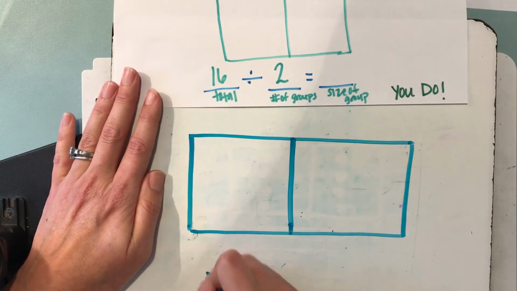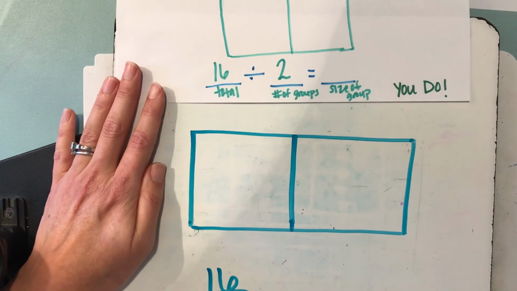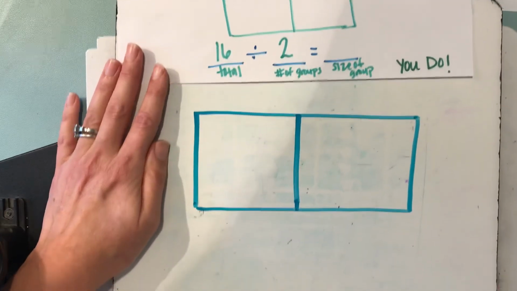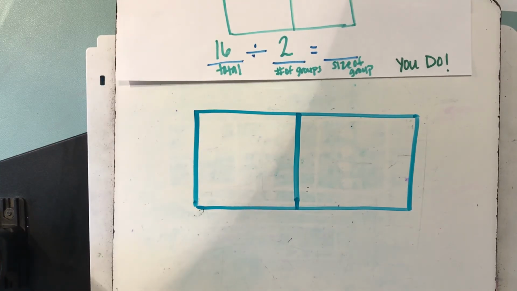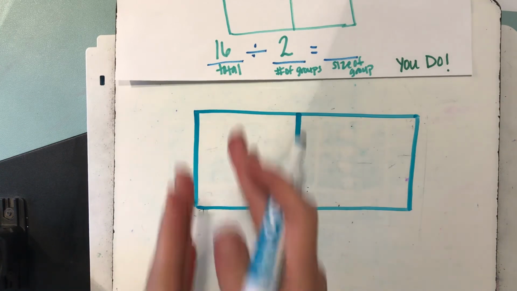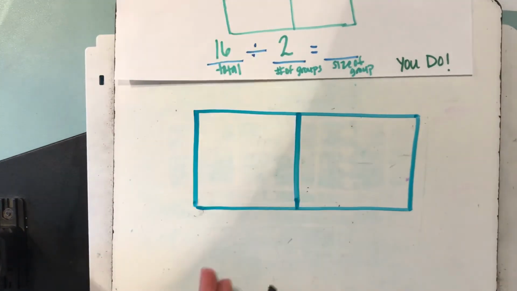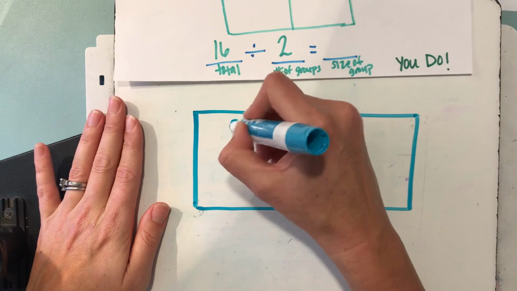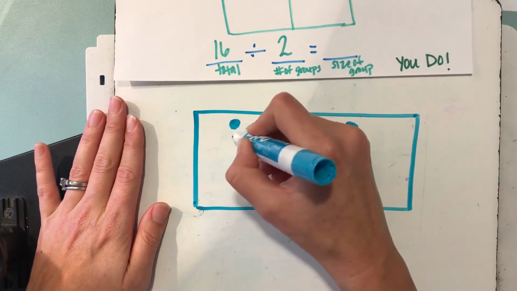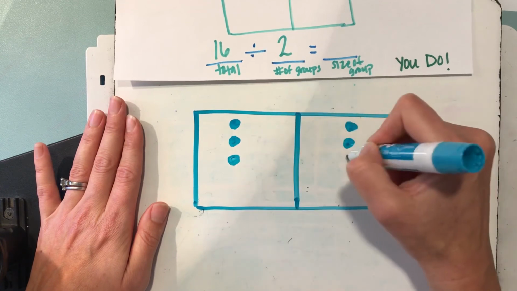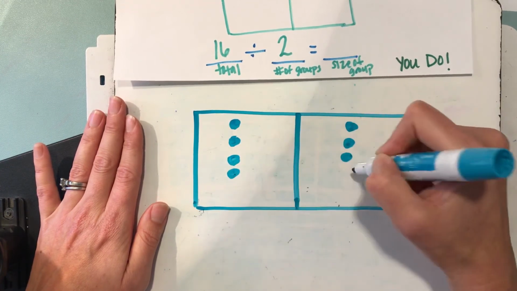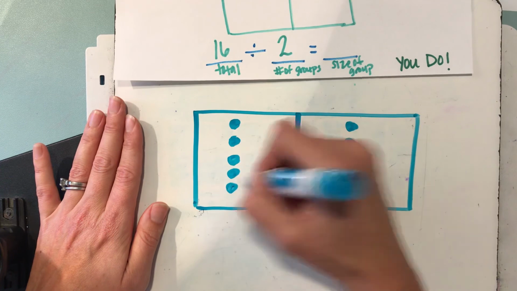Okay, so I have 16. 16 divided by 2 equals what? What's the unknown? The size of the group. Let's figure that out. So we're gonna put our dots in a column, straight up and down. You ready? 1, 2, 3, 4, 5, 6, 7, 8, 9, 10.